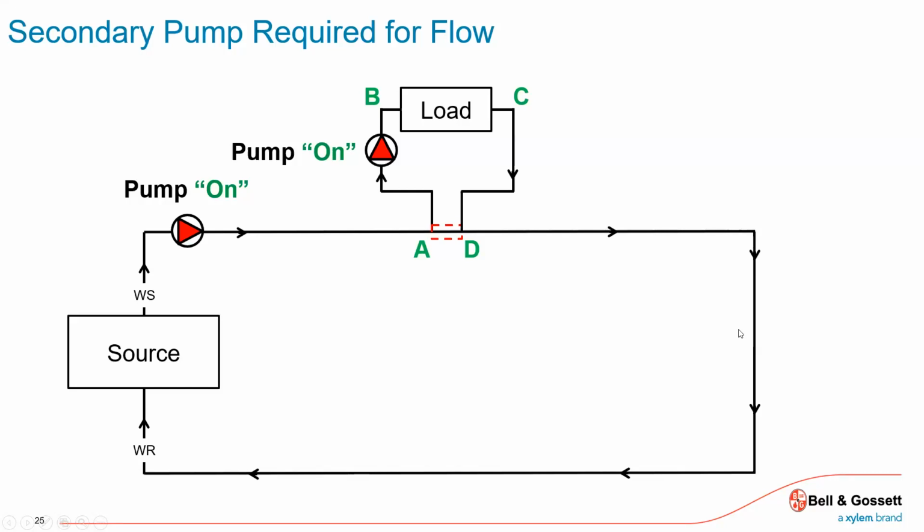So I might have a distribution pump that feeds flow to all the buildings, but then I size the secondary pumps just for the flow and pressure drop of that one circuit, this A, B, C, D. When this pump is off and this pump's running, because I've decoupled it and reduced that pressure drop, flow will not take place in this off circuit. So I'll get some control as well.